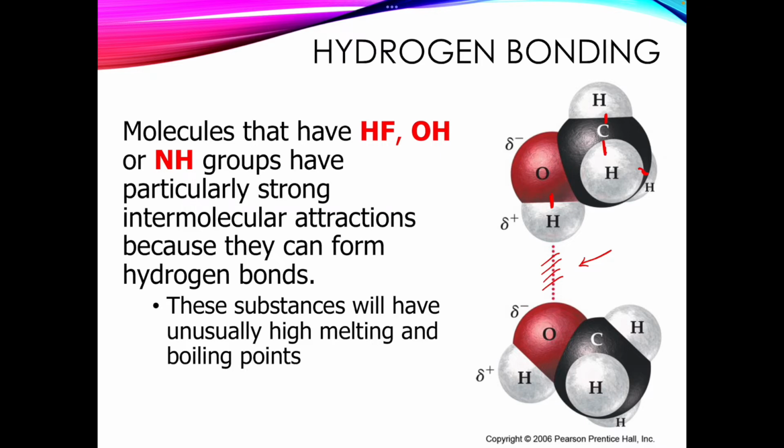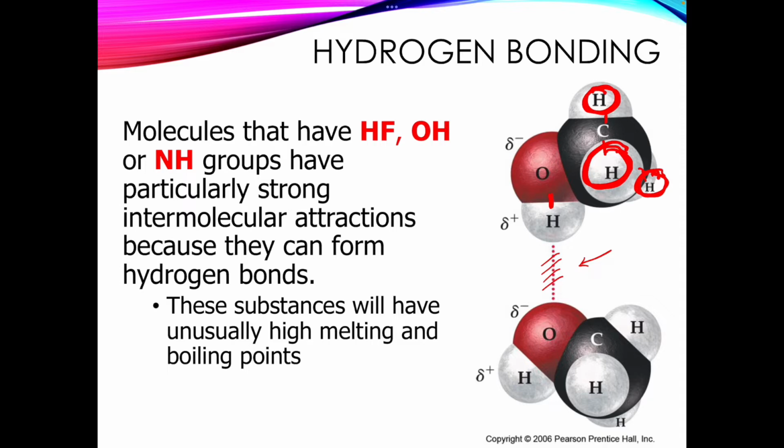Okay? So we see the hydrogen bonding happening between the hydrogen that's bonded to the oxygen. This hydrogen and this hydrogen and this hydrogen cannot form hydrogen bonds. I'm going to say that again. This hydrogen and this hydrogen cannot form hydrogen bonds. Even though they are hydrogen, do you see that they are not bonded to a really electronegative atom?